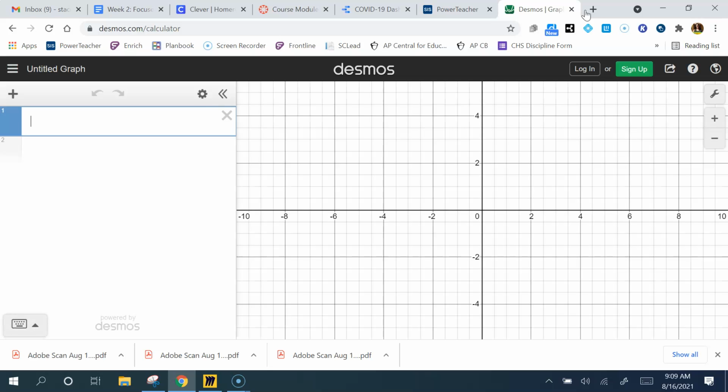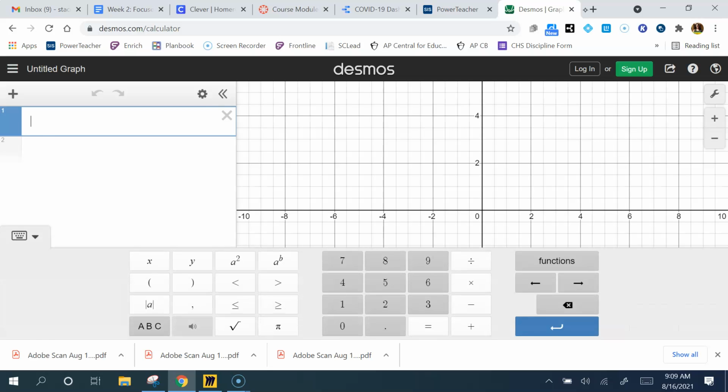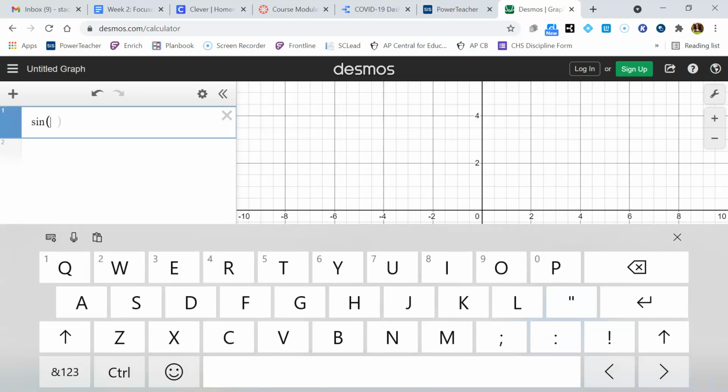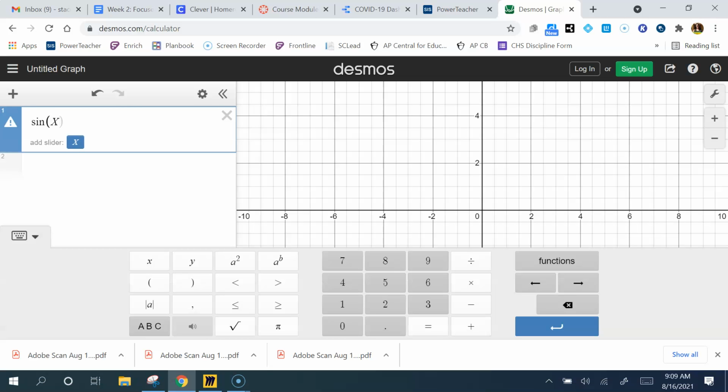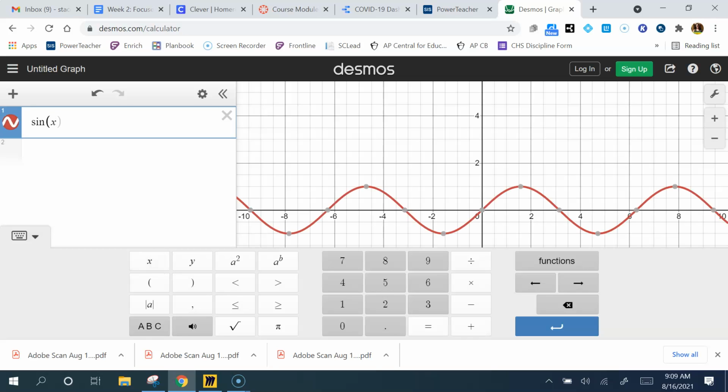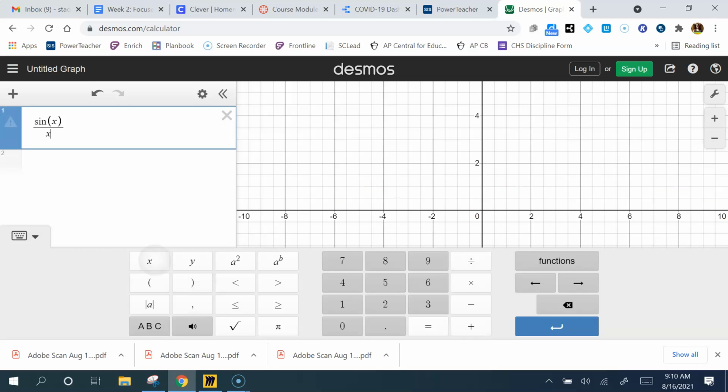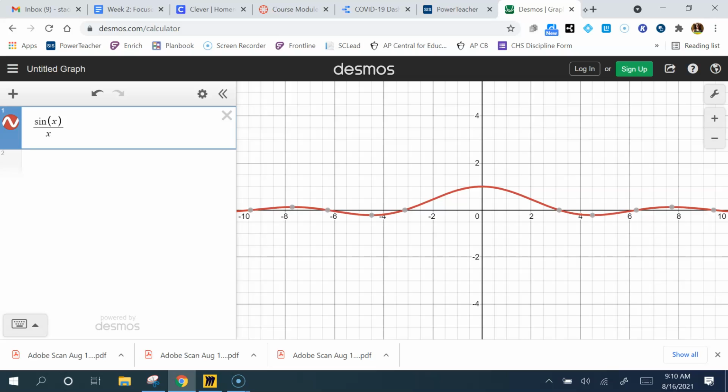What? So it was giving you the answers? Sine x over x. Wait, so you were just asking us to use our calculator? Yeah, just use it to graph.